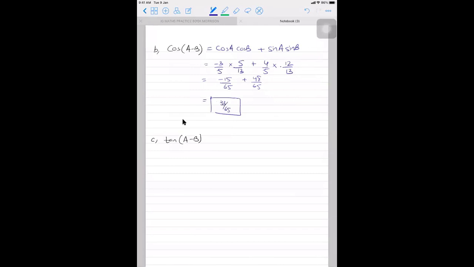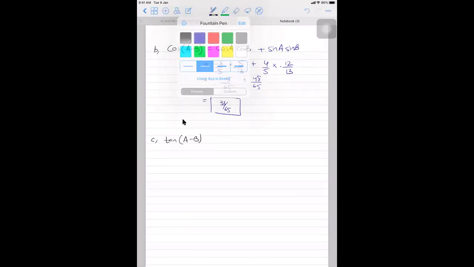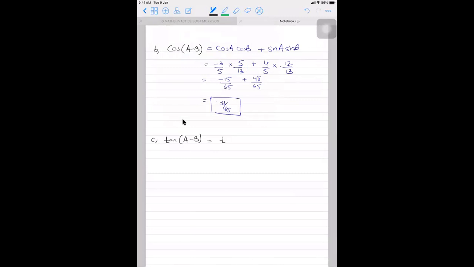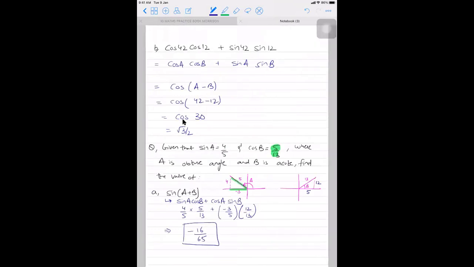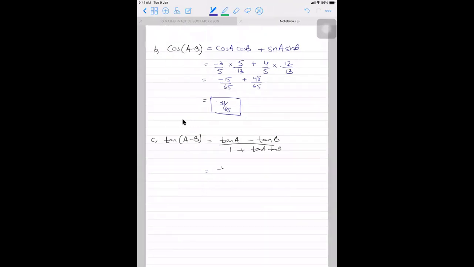Are you getting the same answer now? Yes, sir. Tan of A minus B is going to be equal to tan A minus tan B over 1 plus tan A tan B. Tangent of A is going to be 4 upon minus 3, so negative 4 upon 3.